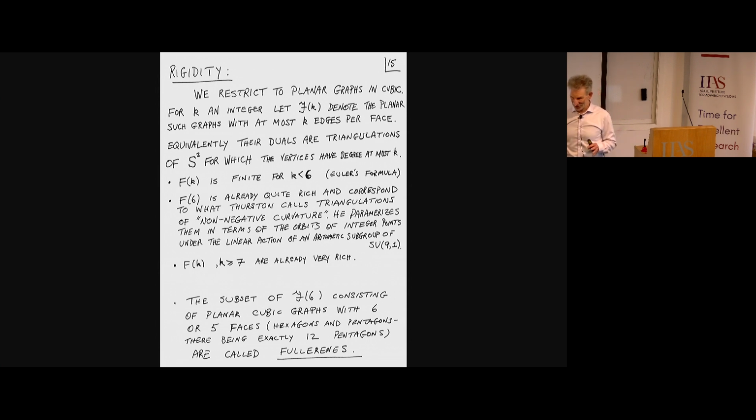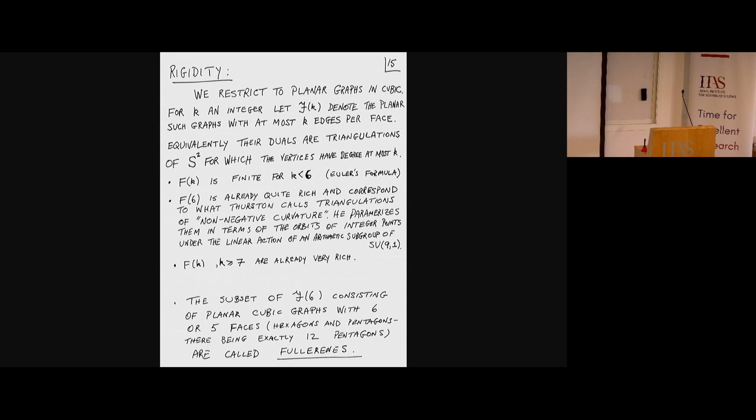They're also triangulations of the sphere of degree at most 6, and that's the dual statement. And Thurston studied these, F6, and he called the dual triangulations of non-negative curvature. And he proved an amazing theorem, a very difficult theorem. He proved that these triangulations are in one-to-one correspondence with the orbits of a group.